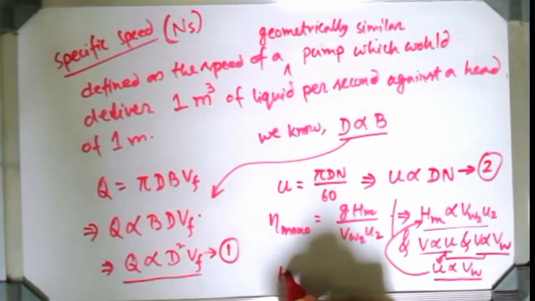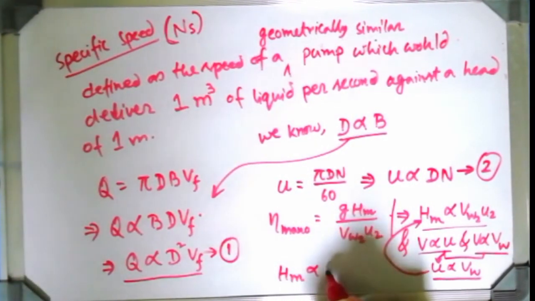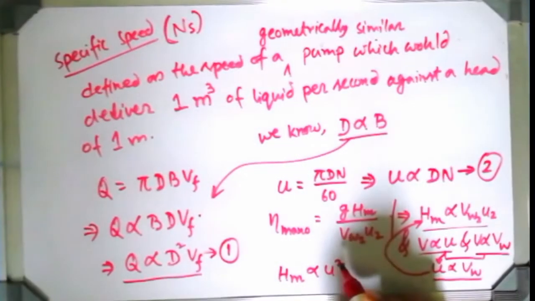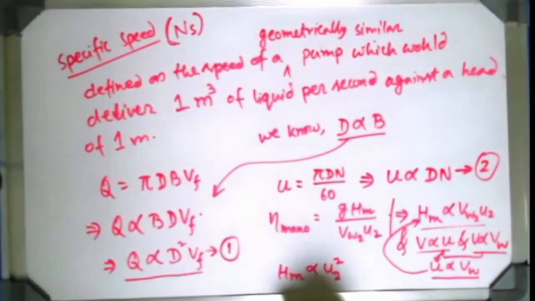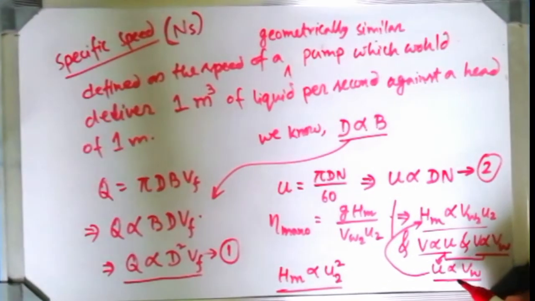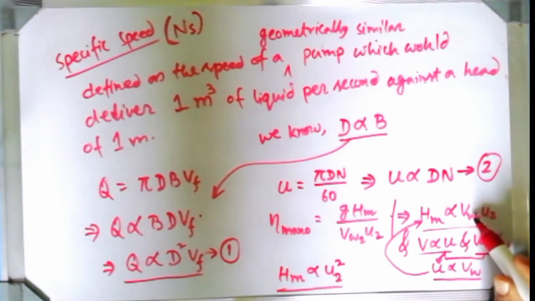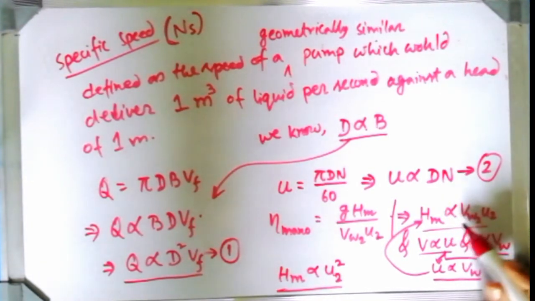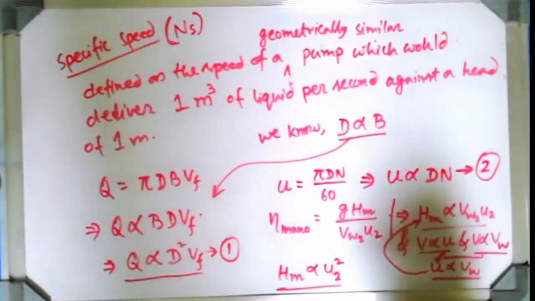Then from there I can establish Hm, that is the manometric head, is proportional to U2 square, or I can say U square. Why? Because U proportional to Vw, then U2 proportional to Vw2. So instead of Vw2 I can replace U2. So Hm proportional to U2 square. Just using this relation over here.